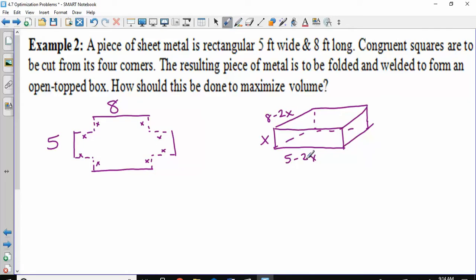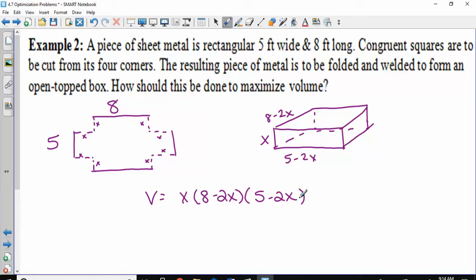Right, I am talking about volume. How do you find volume? Length times width times height. So we have to multiply these. So x times 8 minus 2x times 5 minus 2x. We're trying to maximize, so that means we'll need the derivative.